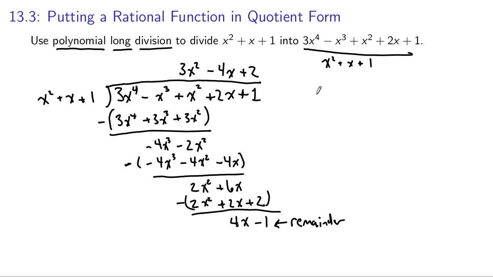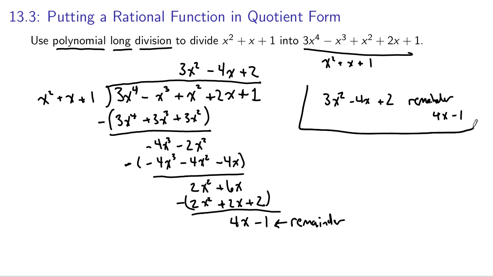So now we can write, but the problem doesn't ask us to do this, the answer would be 3x squared minus 4x plus 2, remainder 4x minus 1. That's the answer to the division.